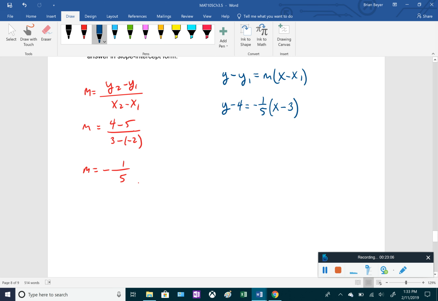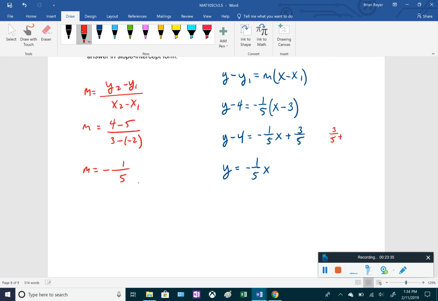Okay, and then we want this in slope-intercept form, so let's distribute the negative 1/5. So we can already see that we're going to be dealing with fractions. So negative 1/5 times x. Negative 1/5 times negative 3 is positive 3 over 5. When we add 4 to both sides, we're adding fractions. So 3/5 plus 4, I'll do that on the side real quick.